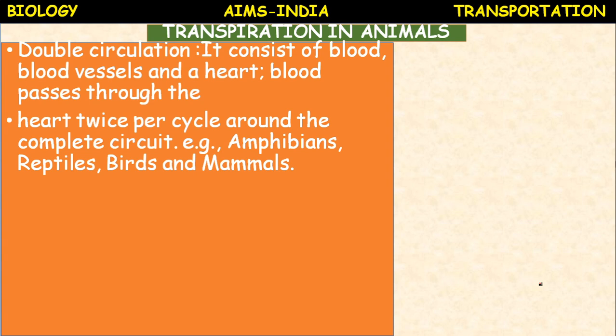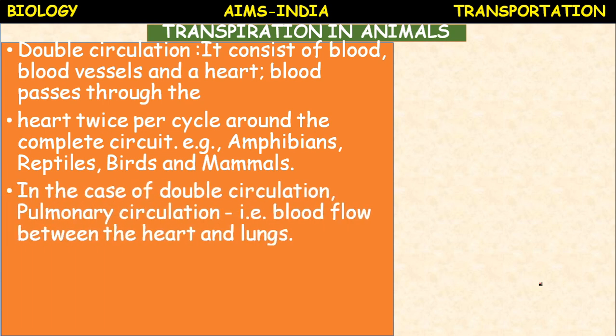So most of the higher vertebrates, higher animals: amphibians, reptiles, birds, and mammals. Okay, means frog. You can take lizards, birds, mammals. Means our circulation is also double circulation.